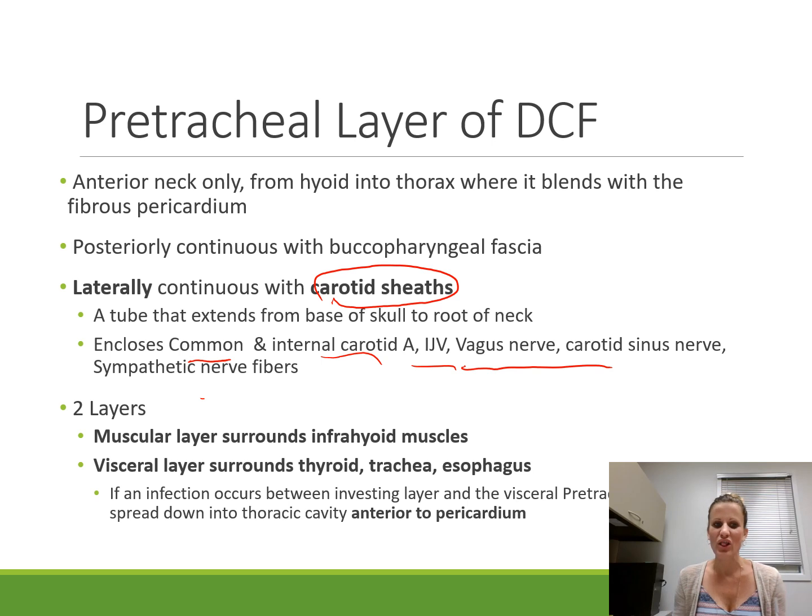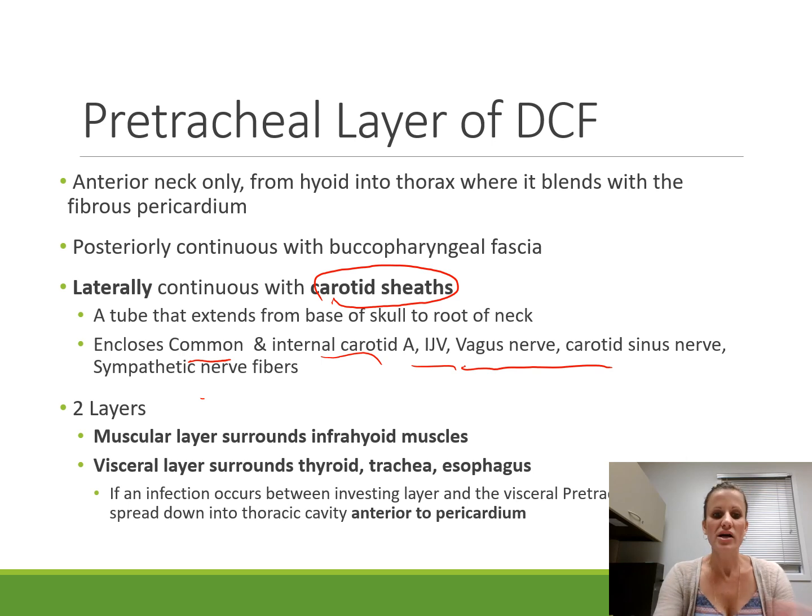So these are all surrounded by the muscular layer of the pretracheal fascia. The visceral layer surrounds the visceral organs, right? So that would be the trachea and the esophagus that sits right behind it. And then the thyroid gland, which actually we'll see is like a butterfly shape that wraps around the trachea.